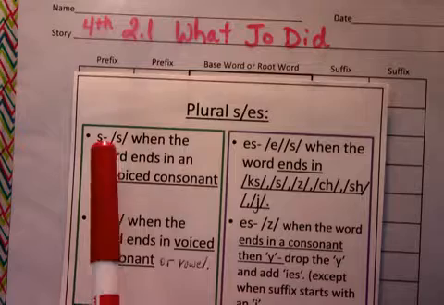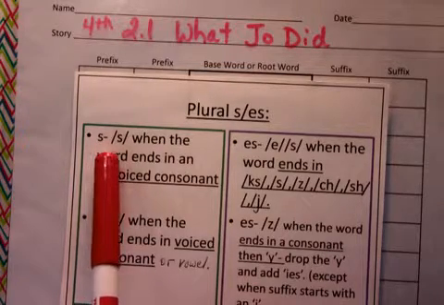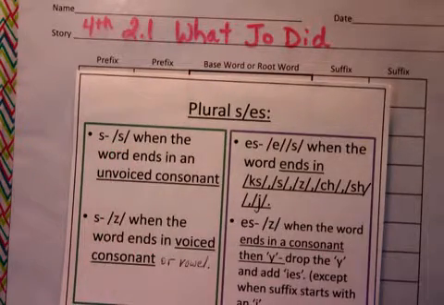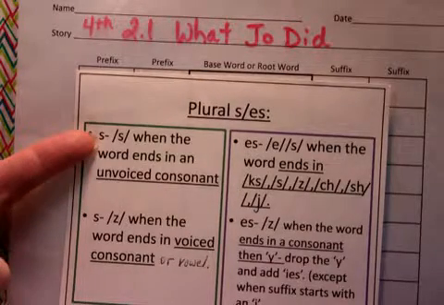So the plural S is going to say the S sound when the word ends in an unvoiced consonant, like a P, a T. All of those sounds we do not turn our voice on, so they're voiceless. So we use the voiceless S sound.